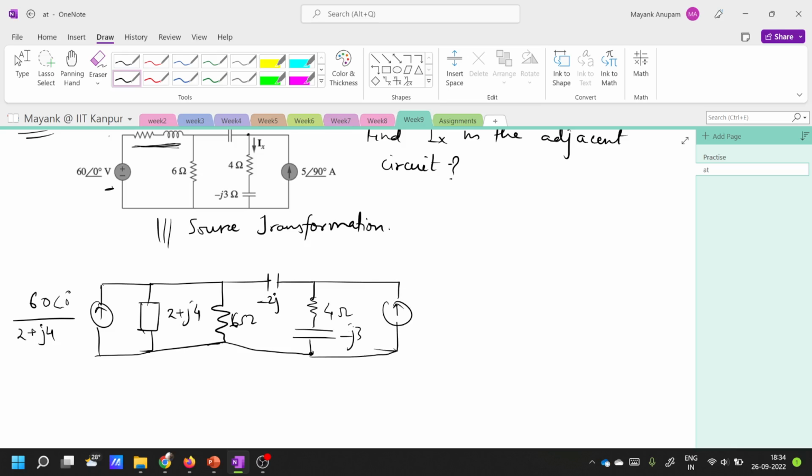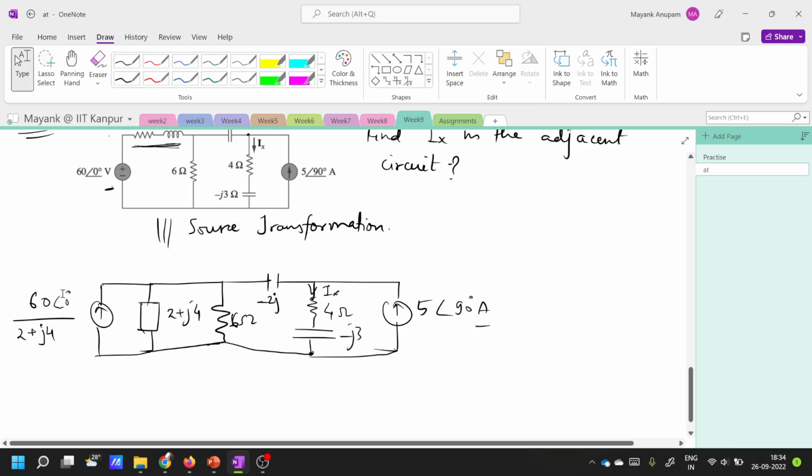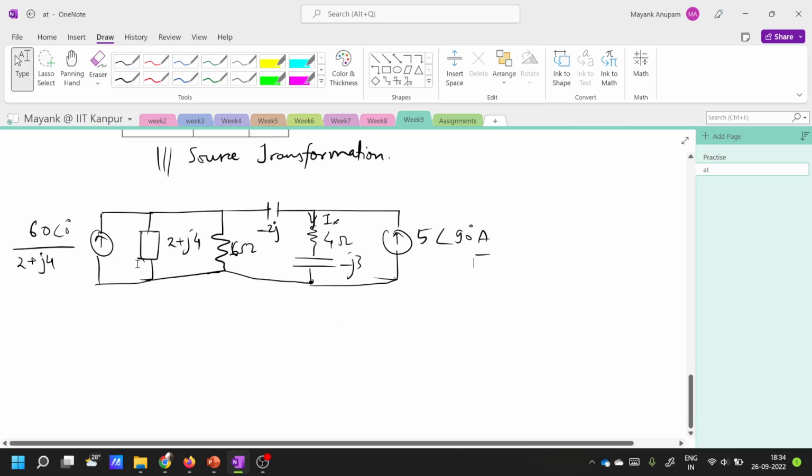Okay, cool. So you have to find this current. Now you can again see that in this case this impedance here and this impedance here are in parallel, right? So you can use the parallel equivalent circuit equation to find the equivalent of this.